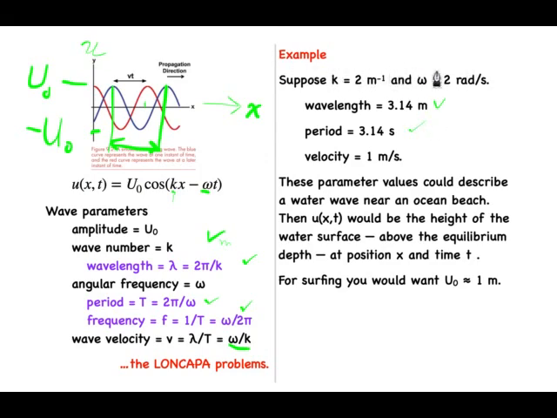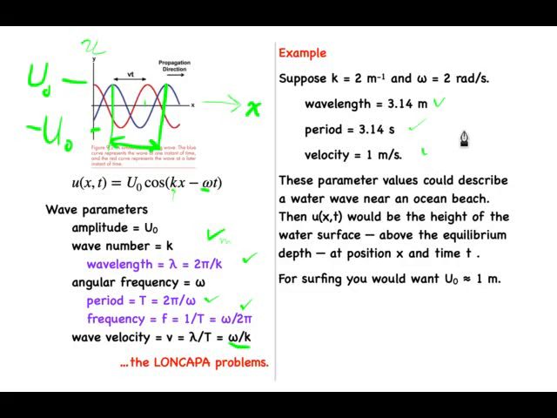And what's the velocity? If the wave number is 2 and the angular frequency is 2, what's the velocity? Well, remember, velocity is omega over k. So it's 1 meter per second. These parameter values, a wavelength of 3 meters and a velocity of 1 meter per second, could describe, for example, a water wave near an ocean beach.